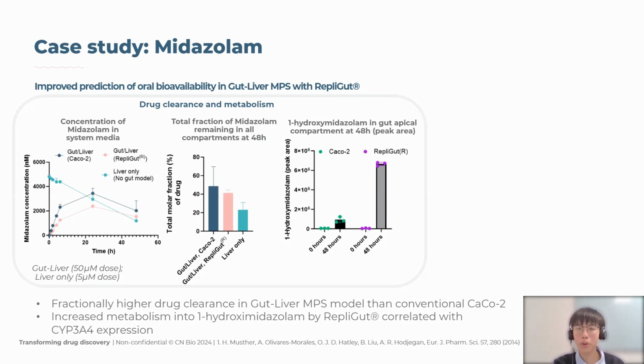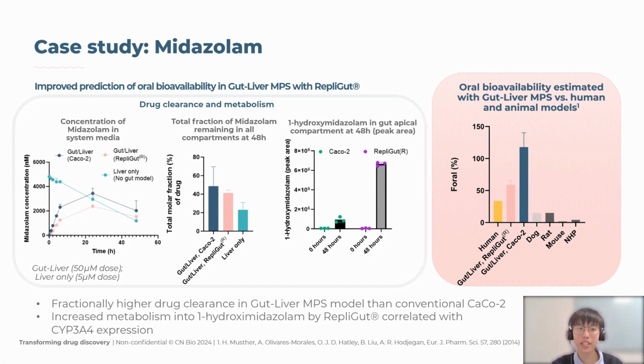We have also carried out further calculations to estimate oral bioavailability of a drug and compare them with literature. Results demonstrated that our primary gut liver model shows an improved prediction in oral bioavailability of midazolam in humans compared with the Caco-2 model.